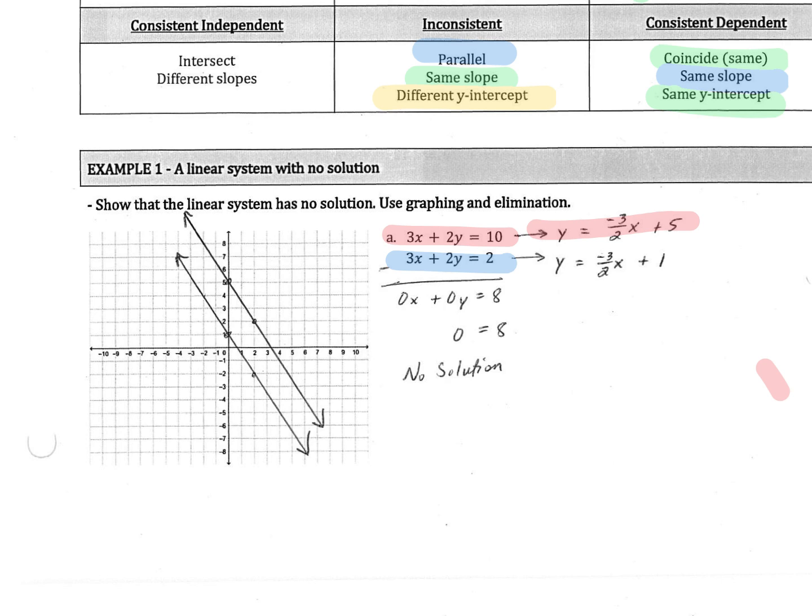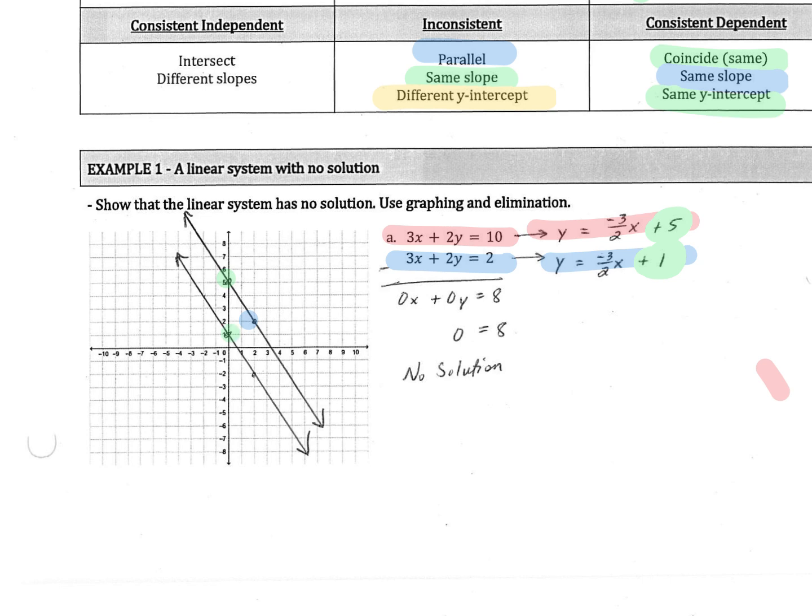For the other equation, we do the same thing, but we get slightly different results. For the first equation, we get a y-intercept of 5. For the second equation, we get a y-intercept of 1. So when we graph the first one, we have a y-intercept of 5, and our slope of negative 3 halves means down 3, left 2 to that point right there.